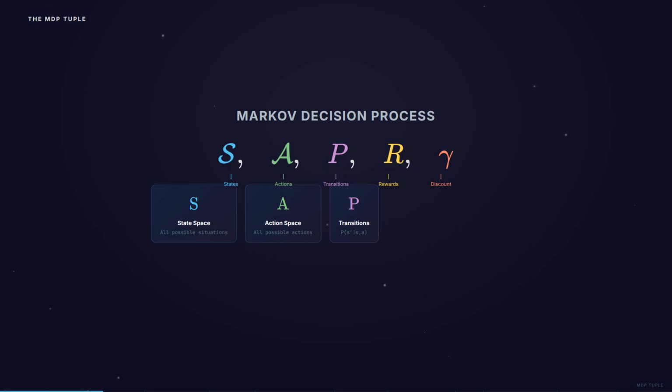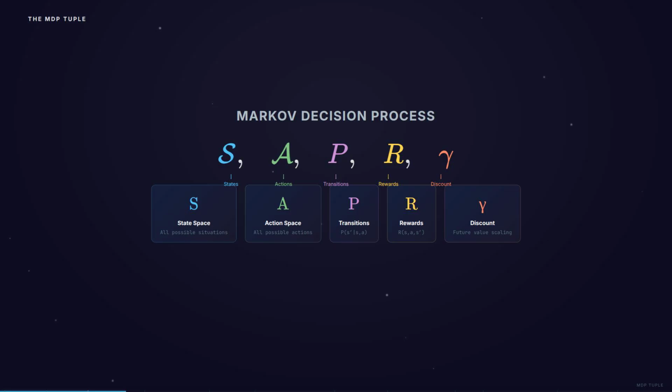It tells us the probability of reaching each next state, given the current state and action. R is the reward function, the number the environment hands back after each transition. And gamma is the discount factor, a number between 0 and 1 that controls how much the agent cares about future rewards versus immediate ones.